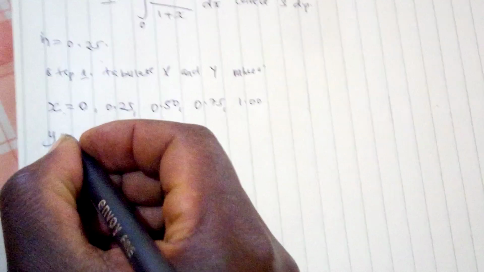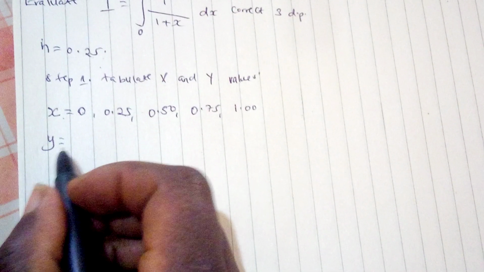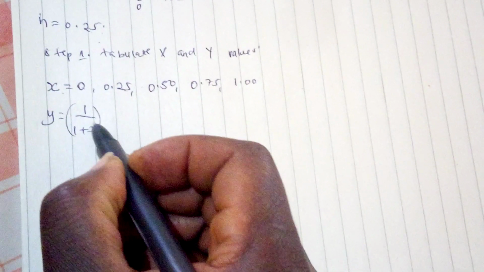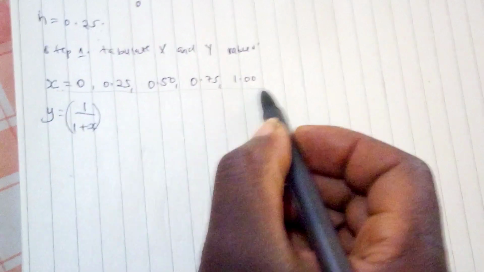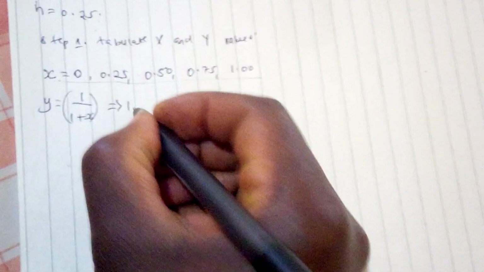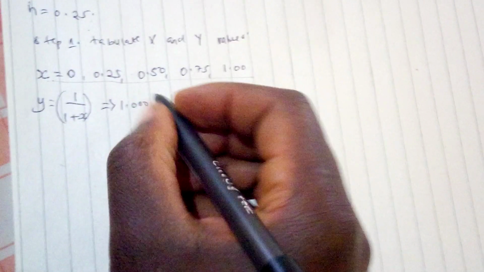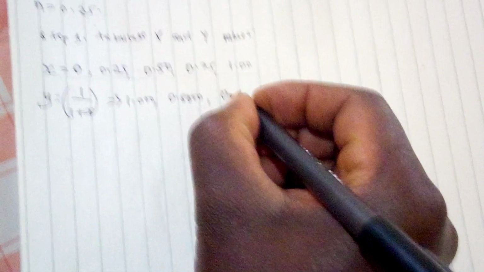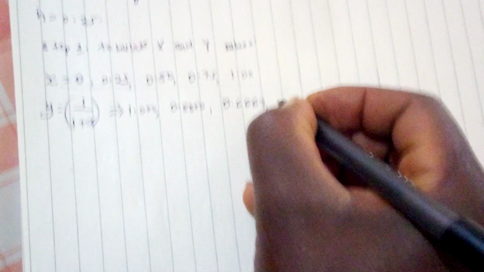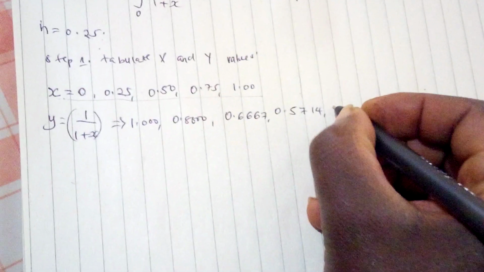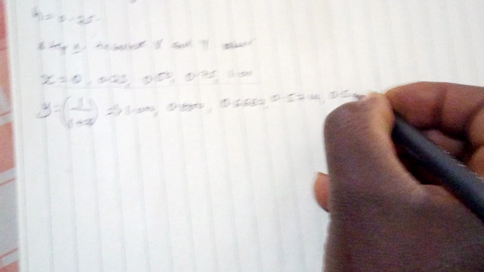So what about finding the values of y? y is equal to 1 over 1 plus x. So we replace our x with the values of x here to find the values of y. When you replace 0, it will give you 1.000. Then we have 0.800, then 0.6667, then 0.5714, and the last one, 0.5000.